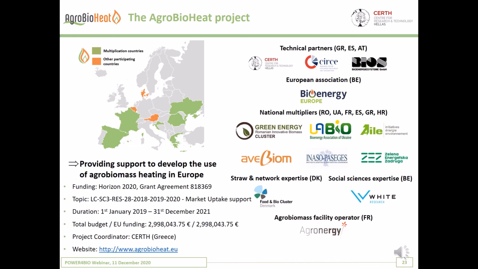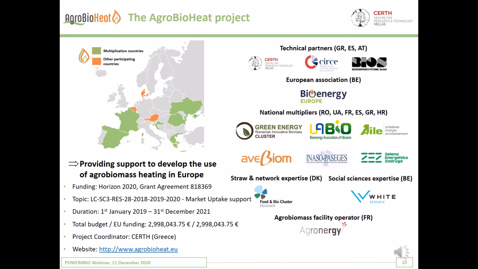Effectively, the main idea behind the project is to connect locally available agrobiomass resources, which you can find pretty much everywhere in rural Europe, with a local heat demand, which is still, not only on the rural side but also across the whole of Europe, mostly based on fossil fuel consumption.